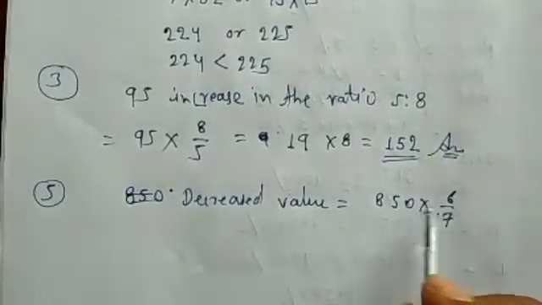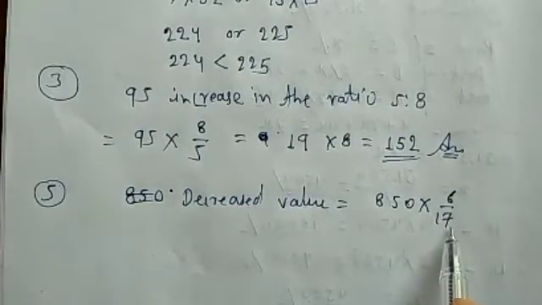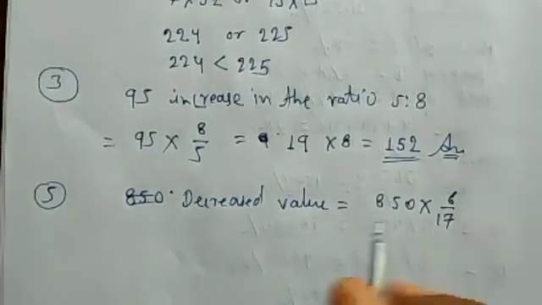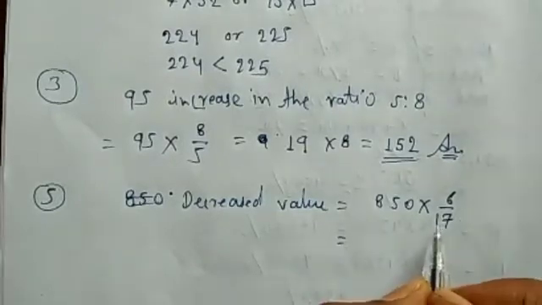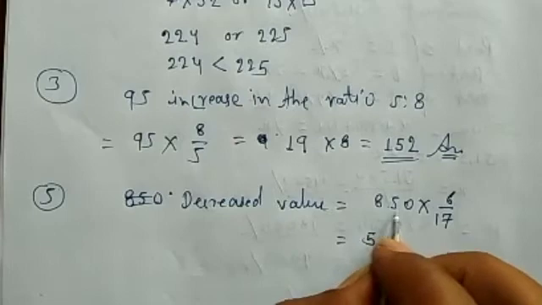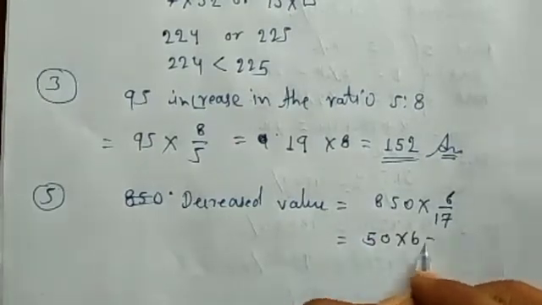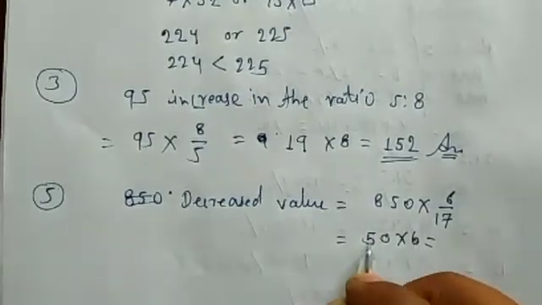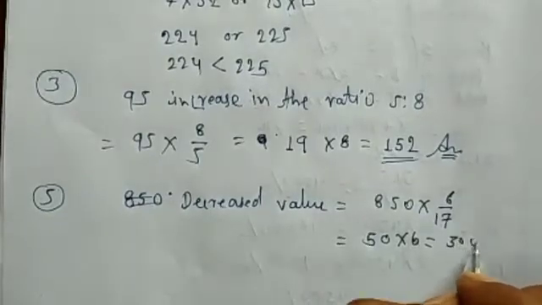This value we have to decrease, so numerator should be less than the denominator. Equal to 17 fives are 85, 17 fives are 85 and 0, into 6, means 5 sixes are 30, so 300.